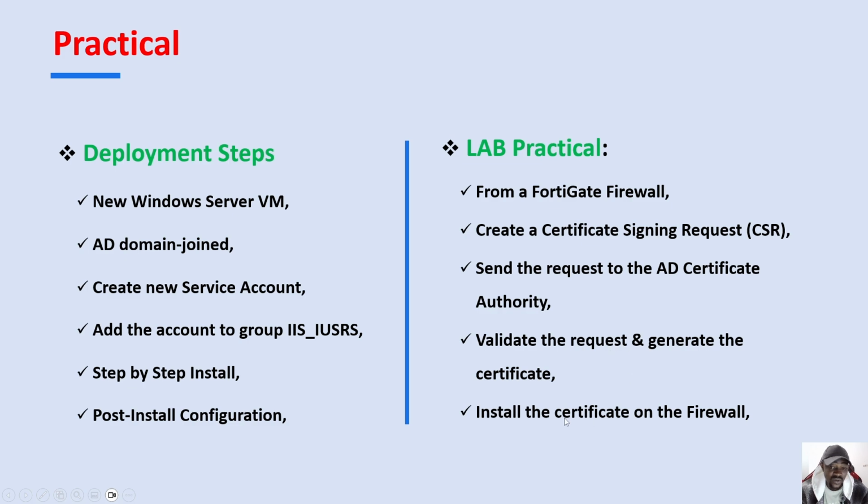Then we'll install that certificate on our FortiGate firewall, then see how to push that certificate through GPO to all workstations, so that when users are getting access to the FortiGate firewall, they will not have a warning message on their web browser. So we'll see all of this in this practical.